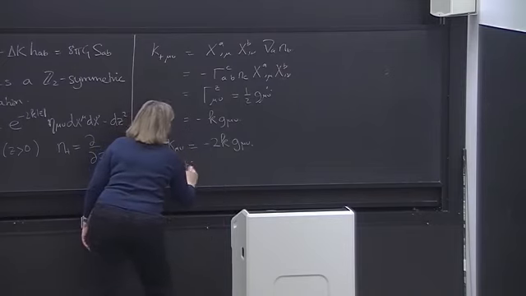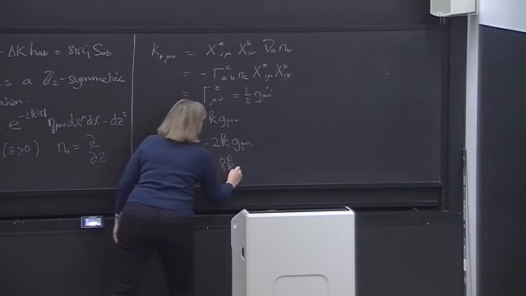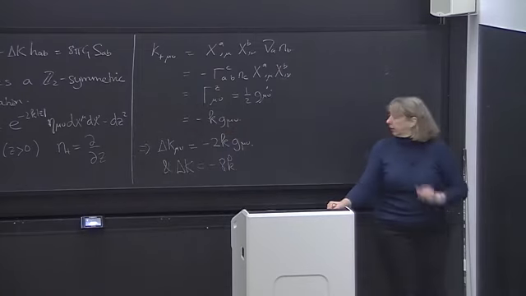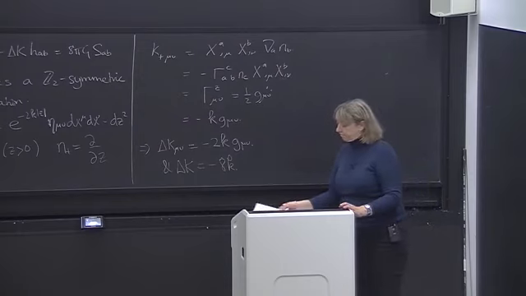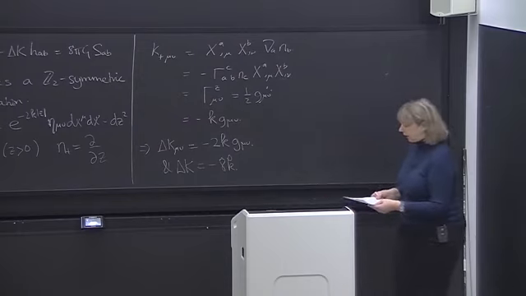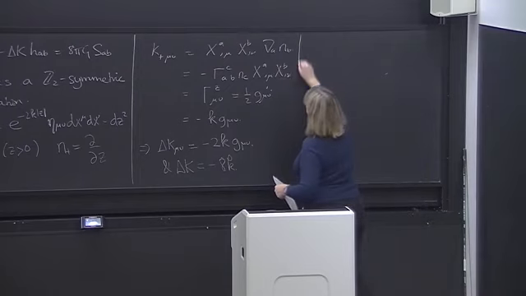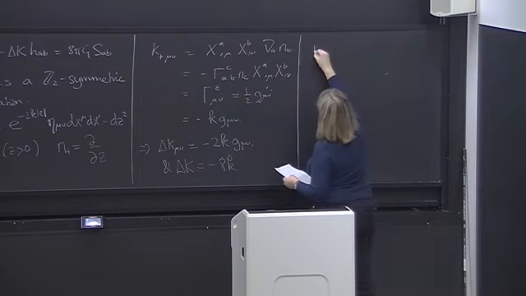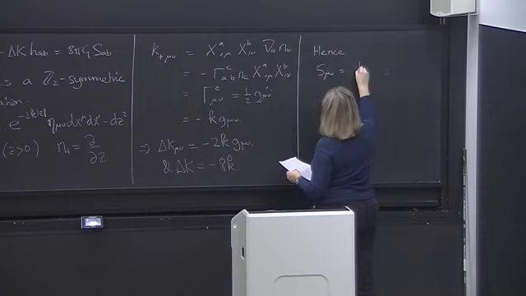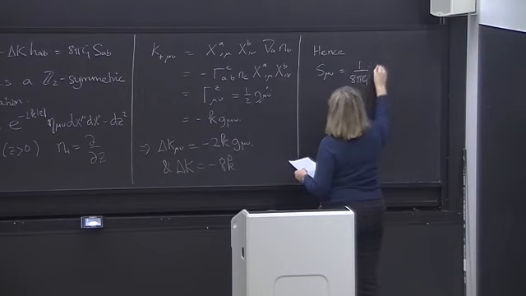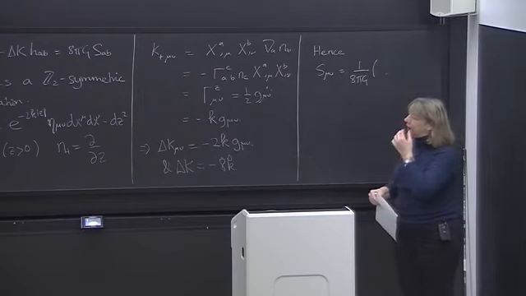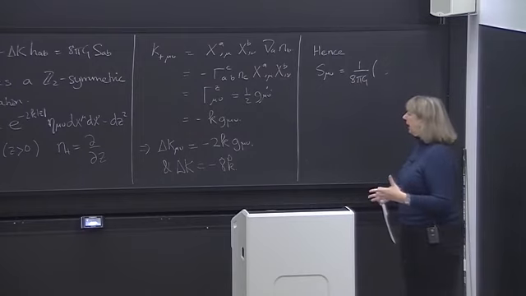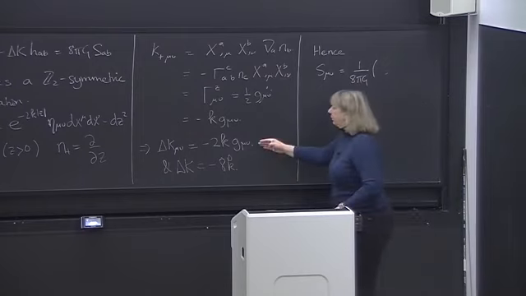If I trace over this, I get that delta K is minus 8k. So at z equals 0, which is where our wall is, if I look at what S is, well, the Israel equations told me that S was related to the jump in K. The jump in K is proportional to the metric.